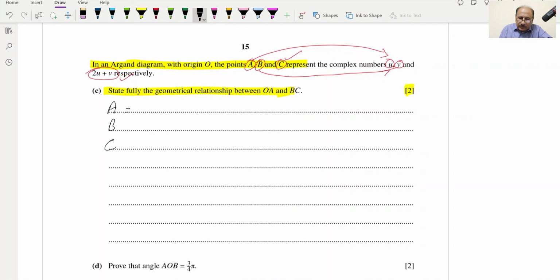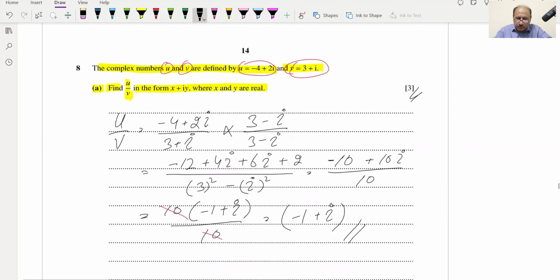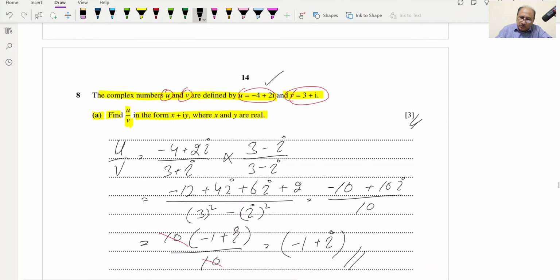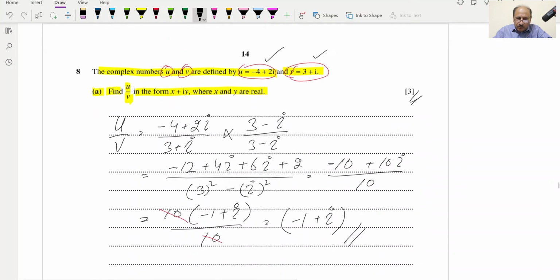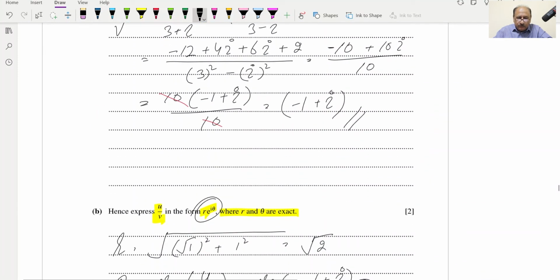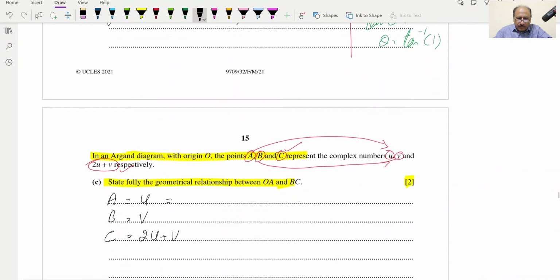A is U, B is V, and C is 2U plus V. And U is what is given in the previous part. U in the main question, this is U, this is V, and 2U plus V we can find.